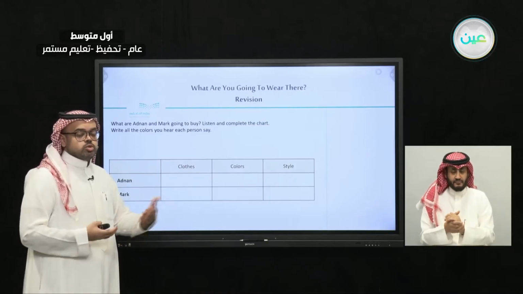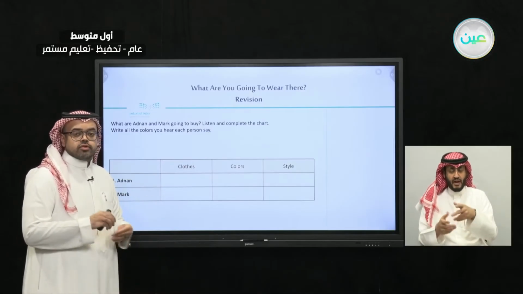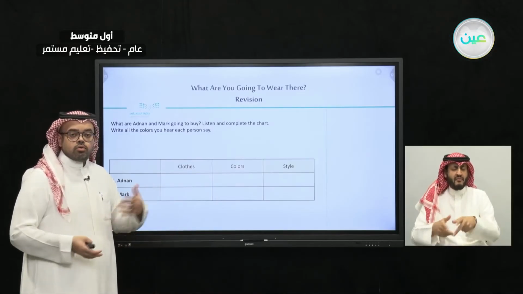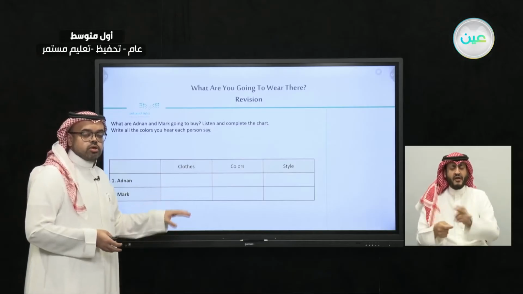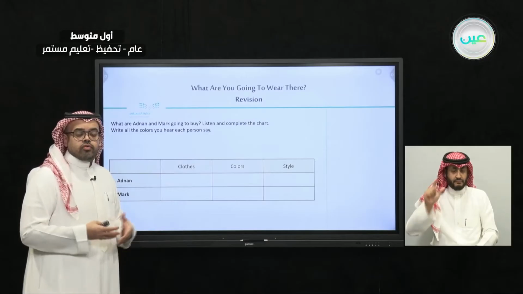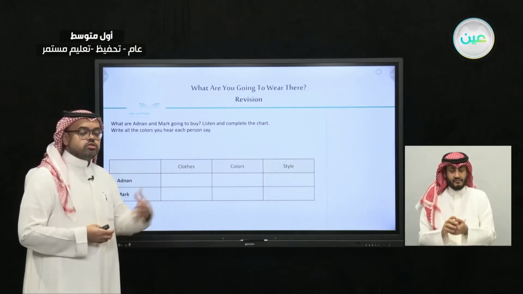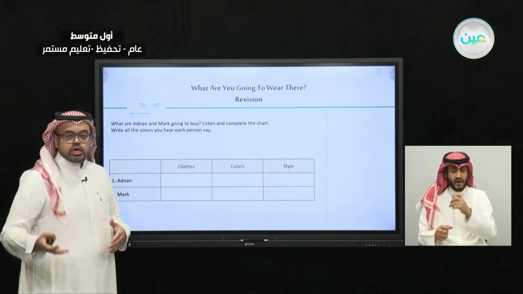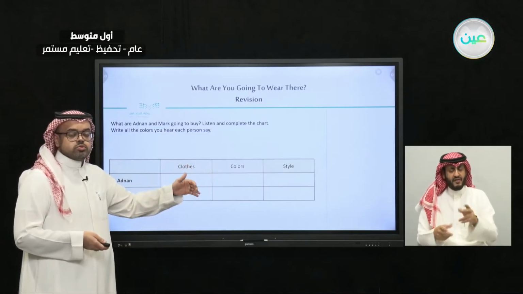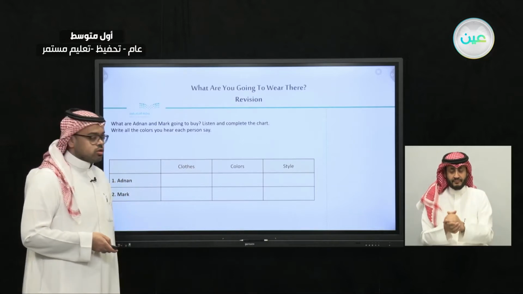We said that casual clothes are the kind of clothes that we wear when we go shopping, maybe when we go to a mall or hang out. And formal clothes are the kind of clothes that we wear when we go to a formal occasion, like an interview or a ceremony or maybe at work. So this is the difference between formal and casual clothes.